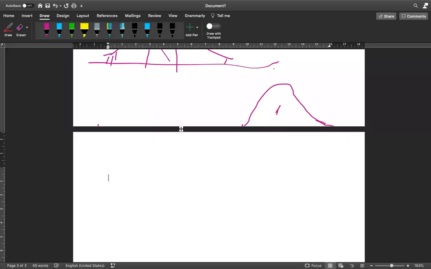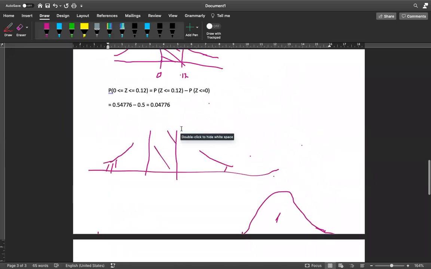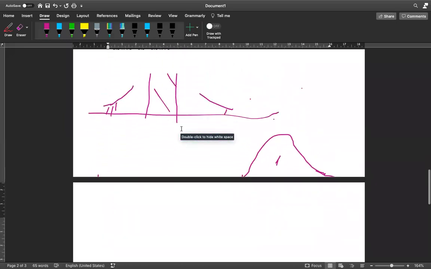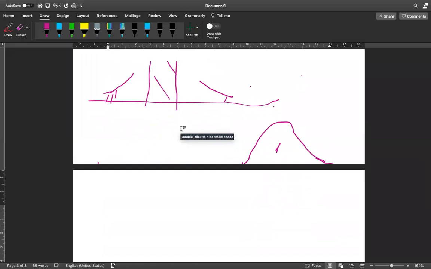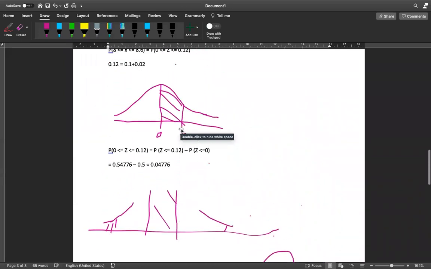Yes. So for z of 0.12, we said it's 0.54776. But when you take it from the negative side only, it's not the same. It's 0.4 something. But when I subtract 0.54776 from one, I get the negative one.